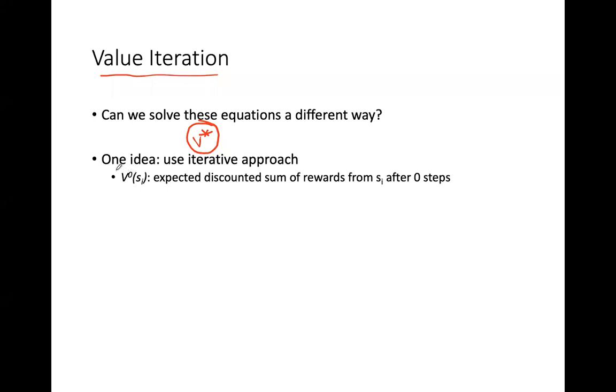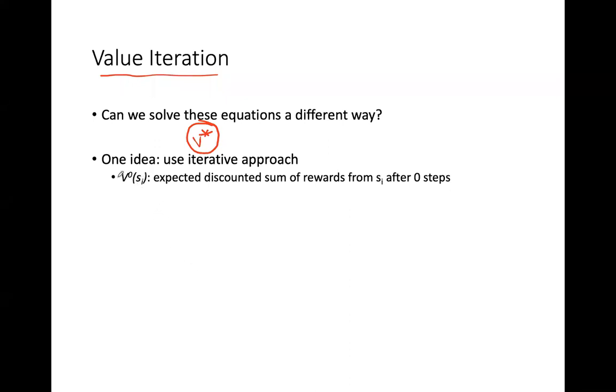Remember, V star is the payoff I get if I start in state S and run my chain forever. Rather than estimate that using a single step computation, let me get there in a bunch of baby steps. I'm going to start with an estimate of V0, which is: if I start in state Si and I run my chain for 0 steps, then what's the value of the state Si?